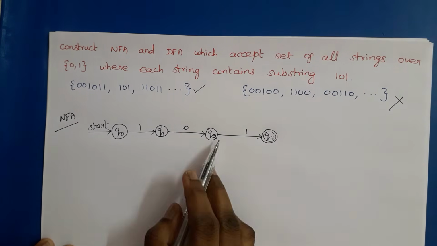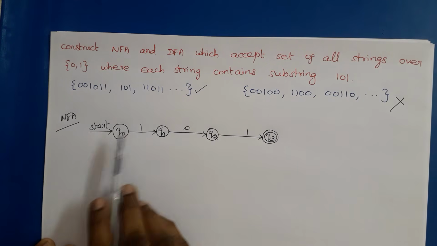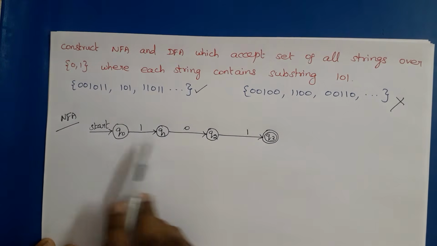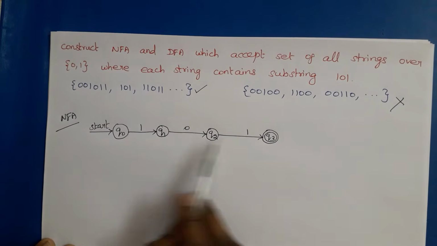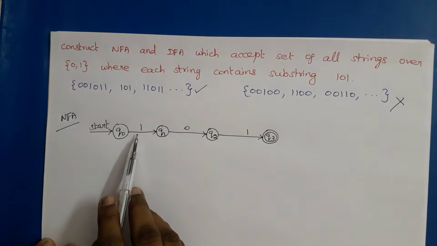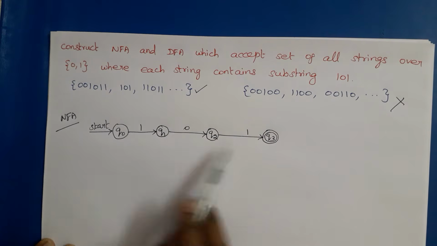If the string starts or ends with some 0s and 1s, anything, then we have to draw like this. So to recognize 101 as a substring, we start drawing the NFA like this.